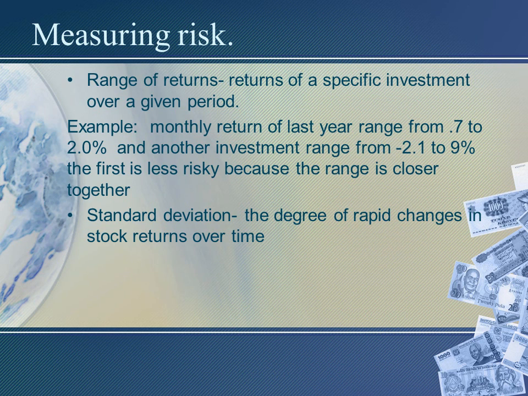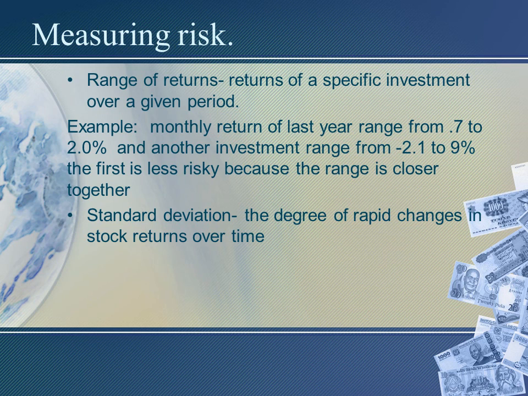Measuring risk. There's two ways that we're going to go over of measuring risk in this particular video. One is the range of returns, which means the returns of a specific investment over a given period of time. Example right here, you have monthly returns last year that range between 0.7% and 2%, and another investment that ranges between negative 2.1% to 9%.